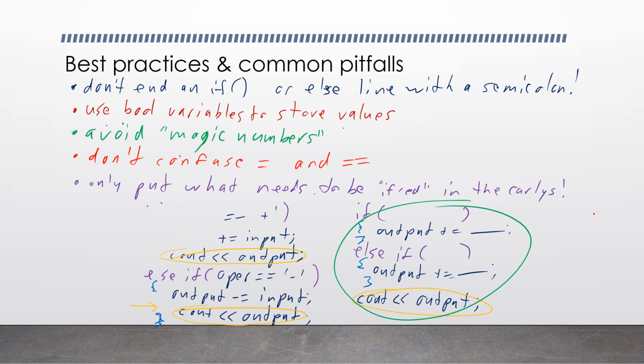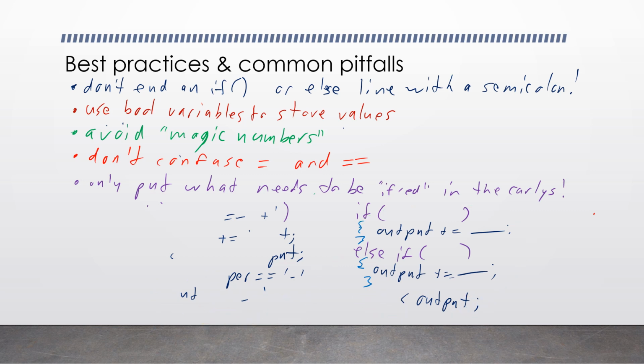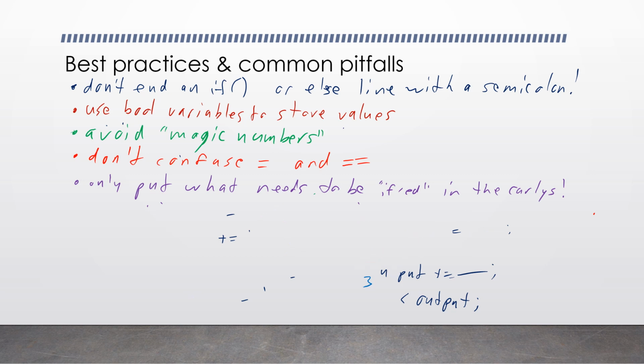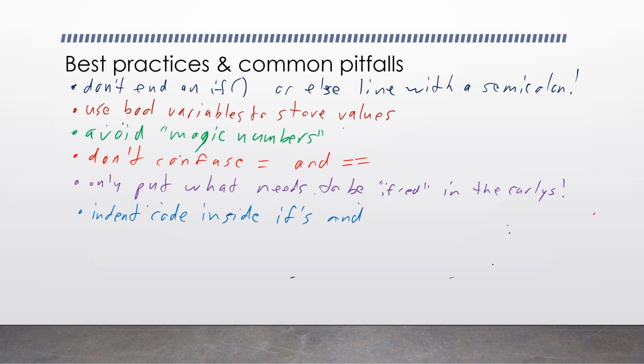Okay, almost done. The last bit is something that I've been demonstrating this whole time, but haven't really explained. You want to indent code inside ifs and elses and align your curly braces.